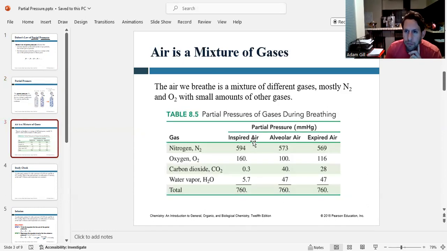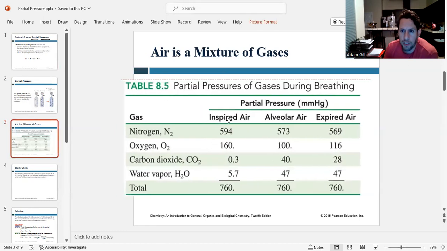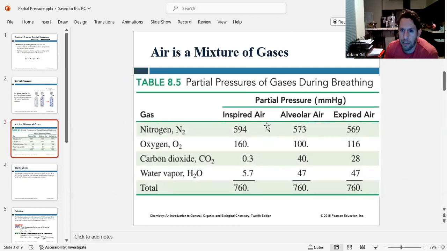Now, the air that we breathe, just the air on Earth, is actually a mixture. And this chart is showing the composition of gases in that mixture. There's 3 columns here. This is the air that you're breathing, this is air inside your lungs, and then this is air that you exhale.